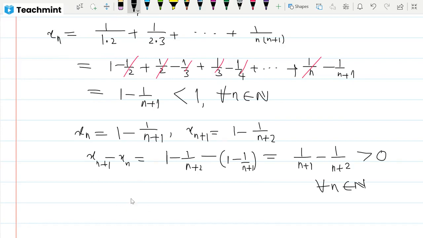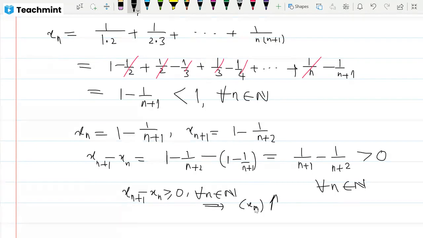So therefore, if this difference is positive for all n belonging to N, then we say xn is an increasing sequence. Yes, it is monotonic increasing and bounded above.